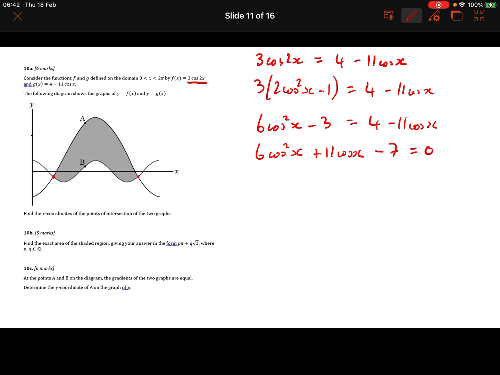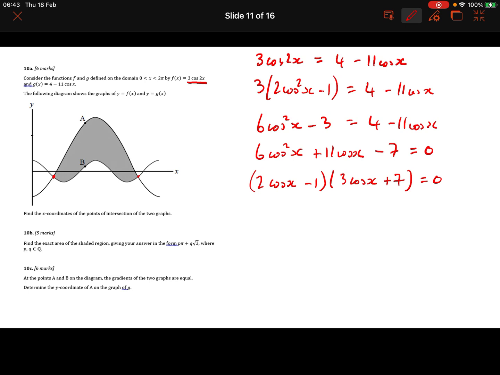You should know how to factorize something like this. It will basically end up being 2 cos x minus 1 times 3 cos x plus 7, okay? If you need help with where I got that from, ask, but really, if you can't factorize a quadratic equation, something's gone badly wrong, okay?